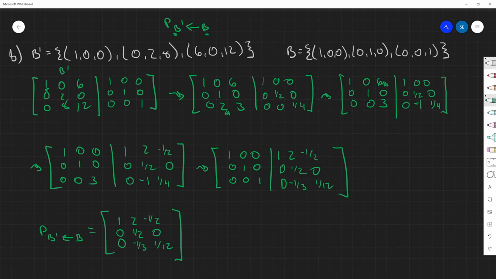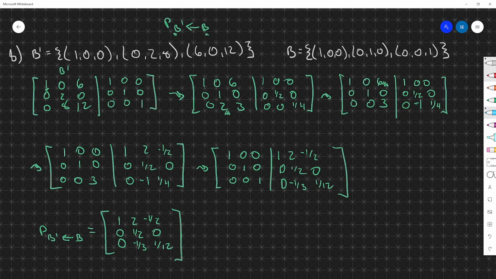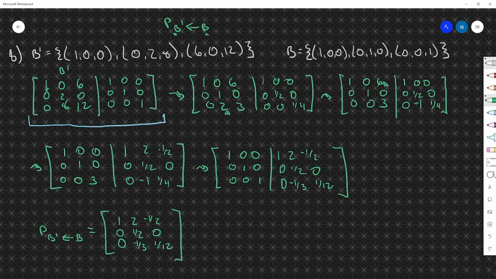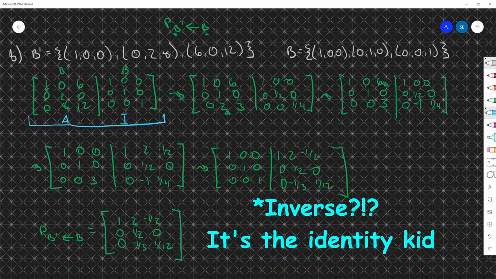Now there's one thing to point out. Some of you may have noticed, some of you may not, but if we looked at the starting position, this looks very familiar, because even though we had our B prime and B, this looks like some matrix A and its inverse.